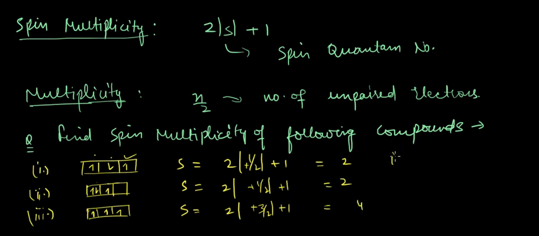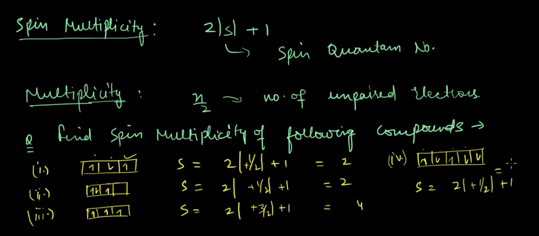Now in the fourth example, let's have this case wherein we have a spin configuration something like this. Here the spin multiplicity would be plus half minus half 0, plus half minus half 0, only plus half is remaining, plus 1, that would give us the answer as 2 rather, not 3.